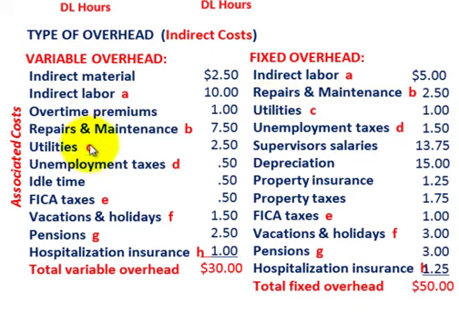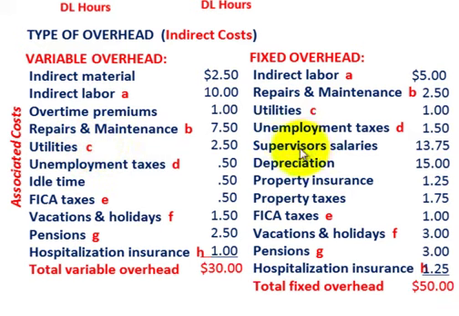And then you can see utilities variable, and then the utilities fixed portion, because you needed a certain amount of utilities just to keep that plant going. Without any real production, you have to have electrical, heat, and so forth without making any product. But as you increase production, you're going to increase the utilities you need, the electricity and so forth.